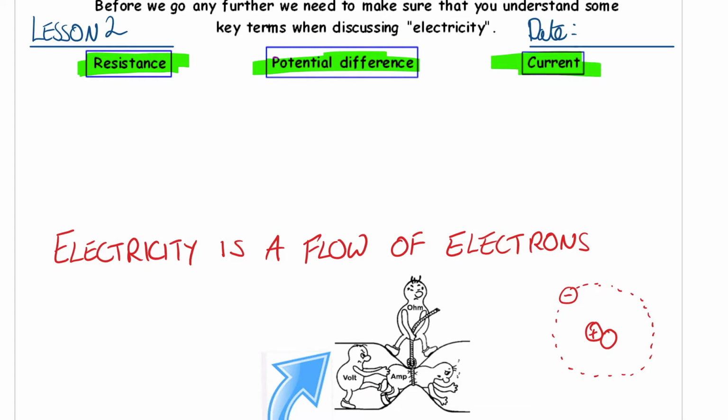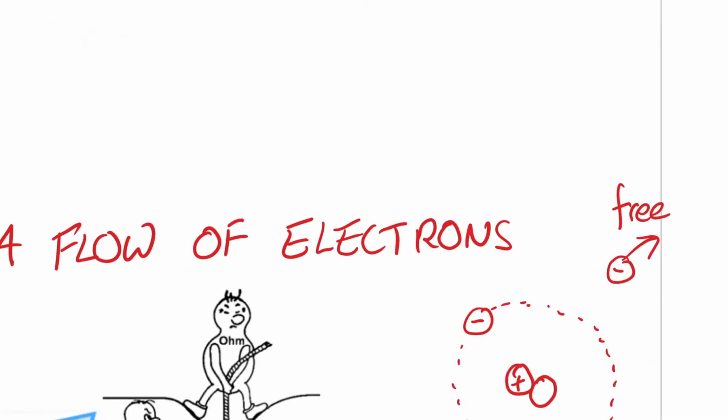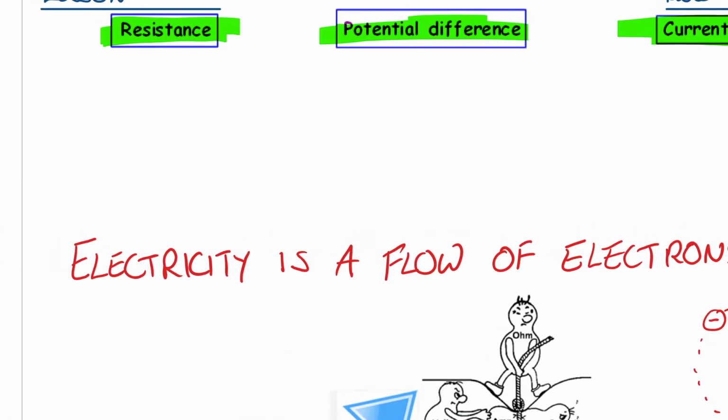But in much larger atoms and metallic atoms such as copper that are good conductors, what you've got are these free electrons further out in the outer shells that are, as I said, free electrons that can move away from the restraints of the atom itself and the nucleus, and they are what carry the charge, and that's what electricity is.